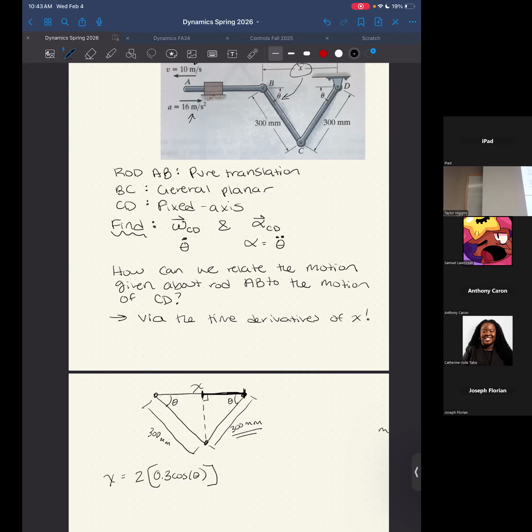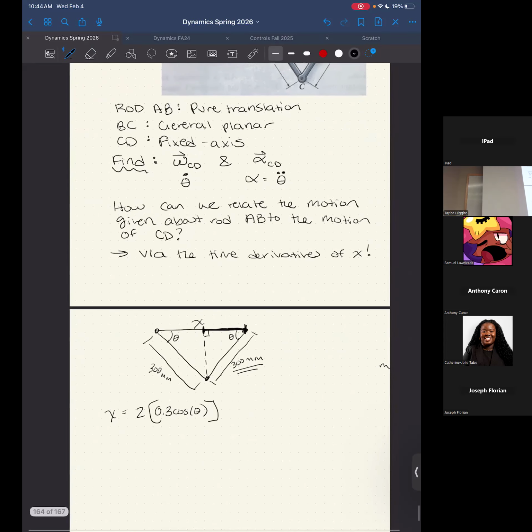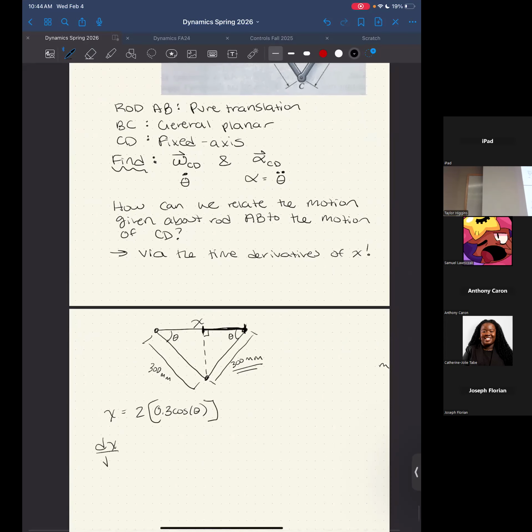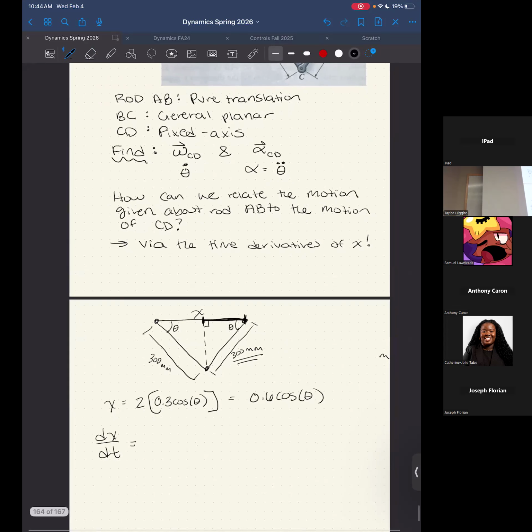We agree with that? Okay. What happens if I take a time derivative? X is written here as a function of theta, not as a function of time.